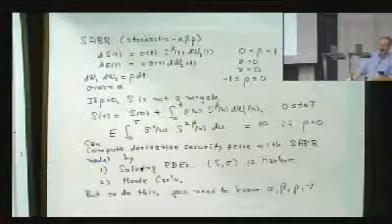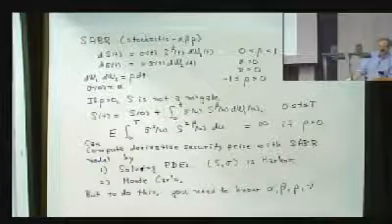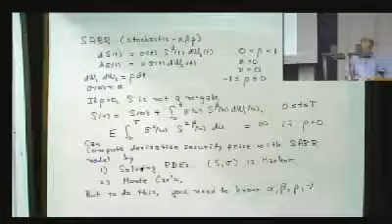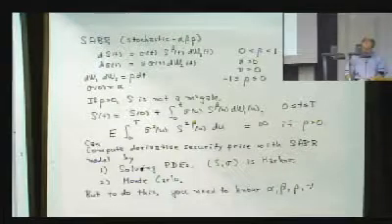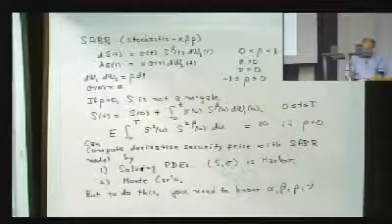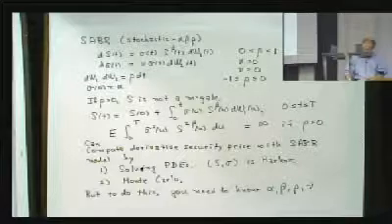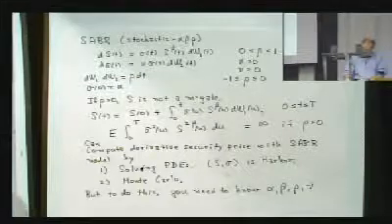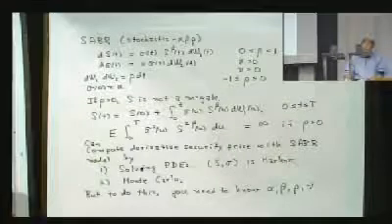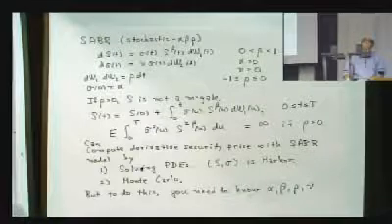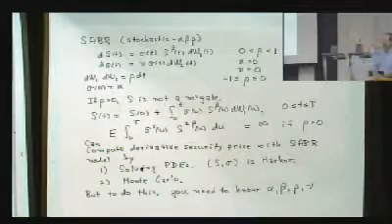S0 is not a variable. S0 is just today's price, so it's a constant. And it turns out that the x is a more convenient variable to work in than the strike. S of 0 over K is called the moneyness, and x is called the log moneyness. So x equals 0 corresponds to at the money. That's when the strike and the initial price of the asset are the same.